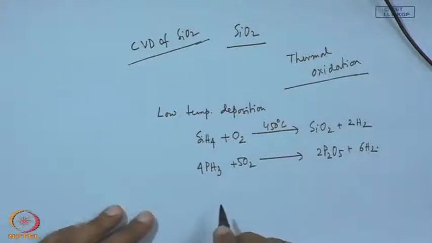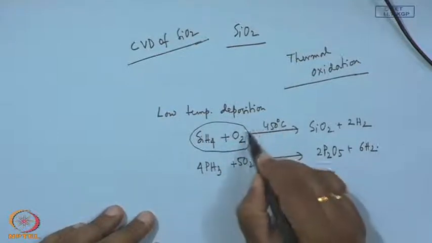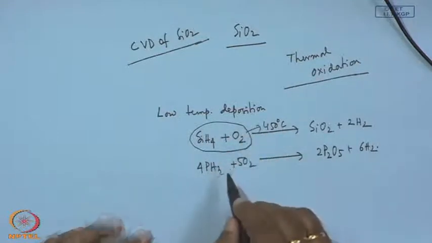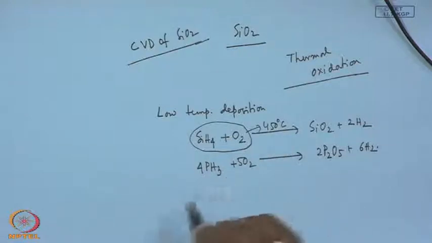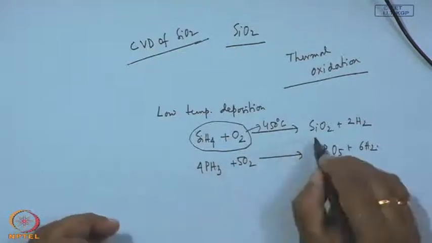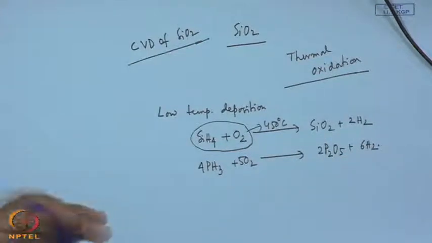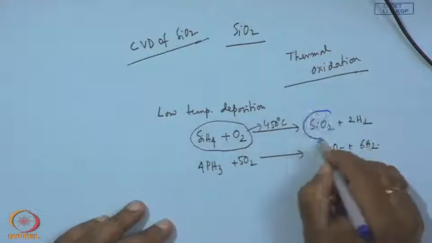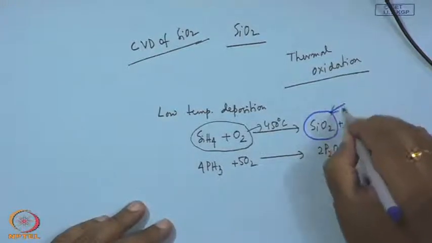So, we see that for the reaction of silane and oxygen, low temperature is used, and since this temperature is quite low, this SiO2 which we can grow using CVD at low temperature can be grown on an aluminum layer.